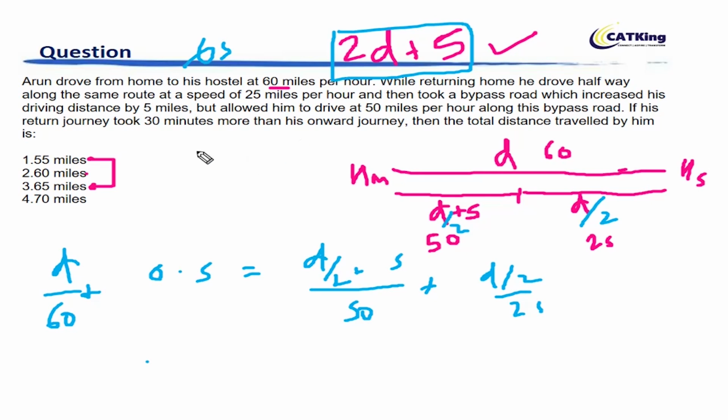Let's check both of these out. Now if you put 2d plus 5 is equal to 55, d becomes 25. If you put 2d plus 5 is equal to 65, d becomes 30, right? So let's try one of these out. We will know if the second one is the answer option or not. So if you put d is equal to 25 here, this becomes d plus 30 upon 60, and this becomes 3d plus 10 upon 100.